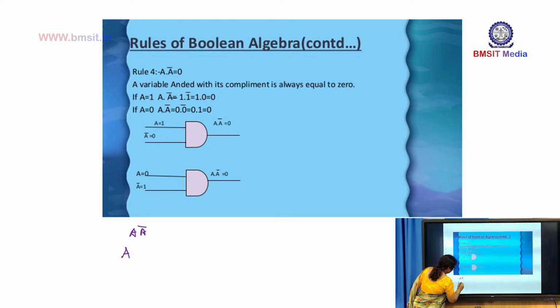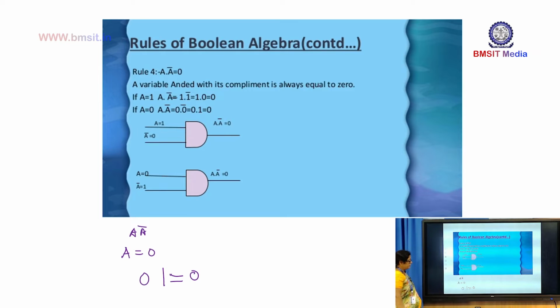Suppose A is equal to 0. What will this expression become? It will become 0 into A bar, that is the complement of 0, which is equal to 1. Since 0 into 1 is equal to 0 using the rules of multiplication.